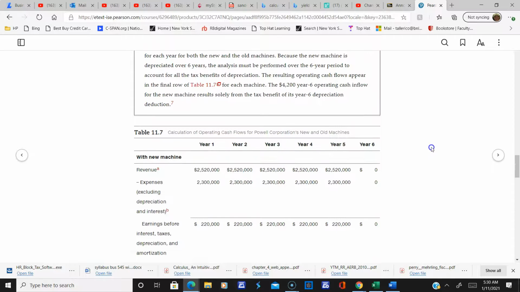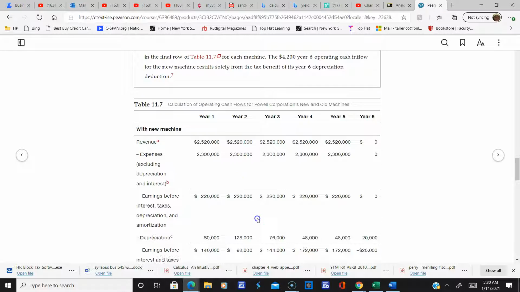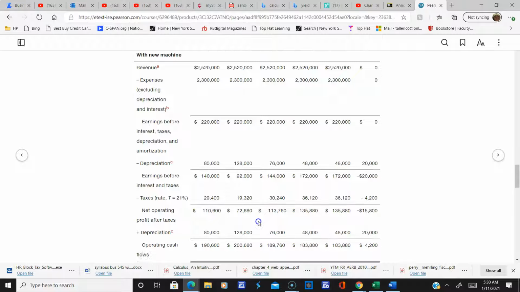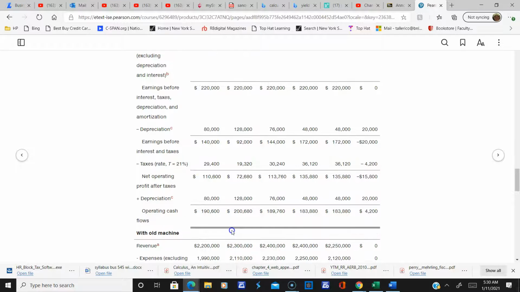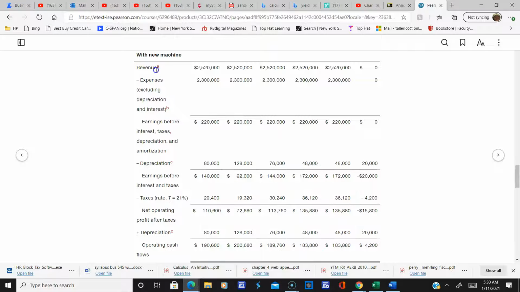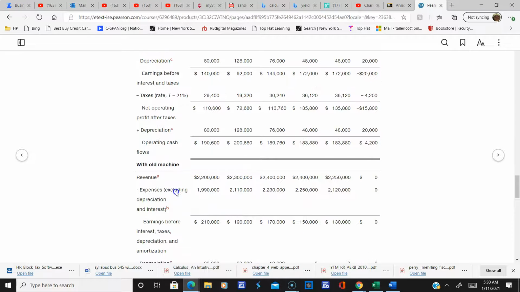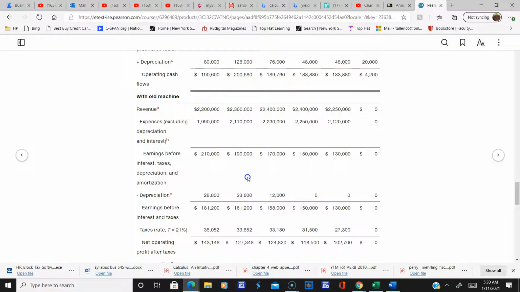So they do all that, and here it is with actual numbers. So you should make sure you go through all these numbers and understand what they're doing here, all right? Just go through, and you can clearly see they're doing that. I would go through this table very carefully, all right? This is with the new machine, and then when you get down here, this is with the old machine, okay?